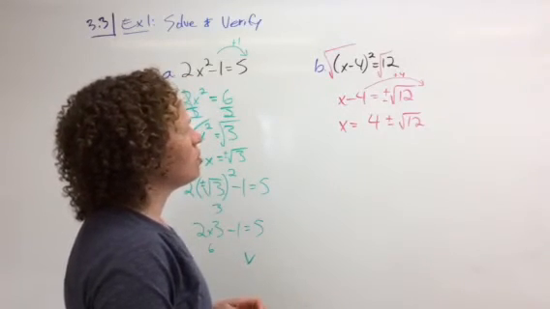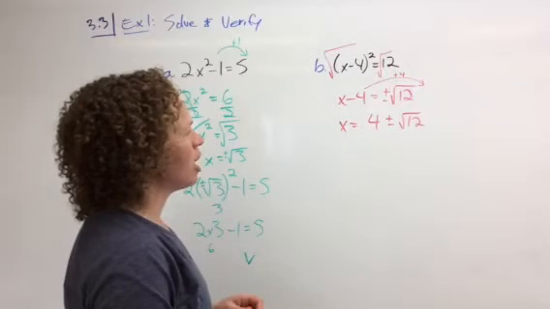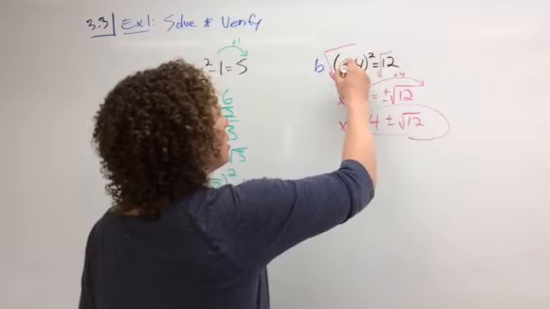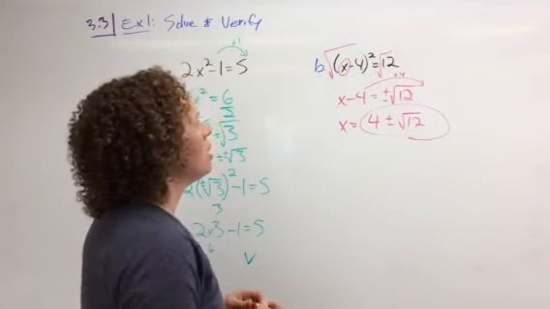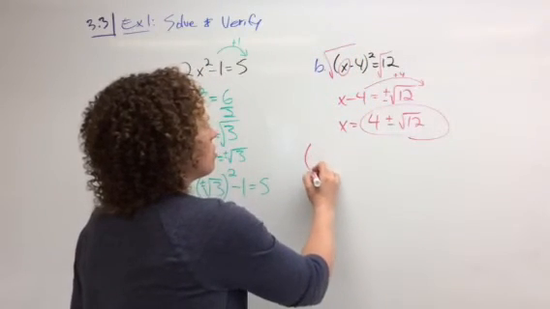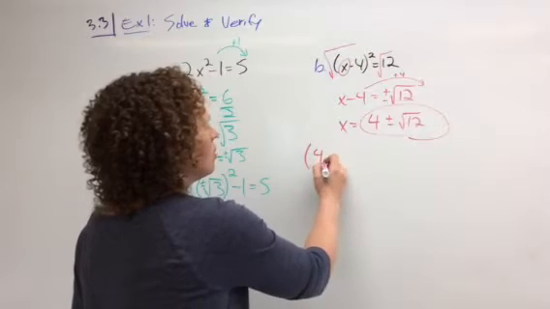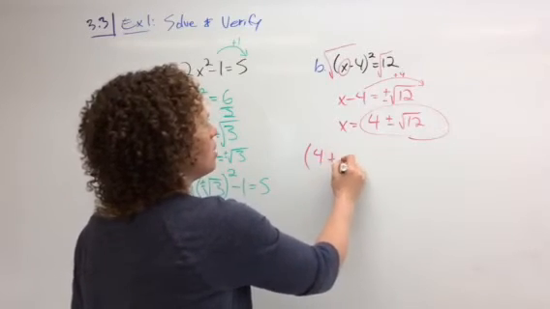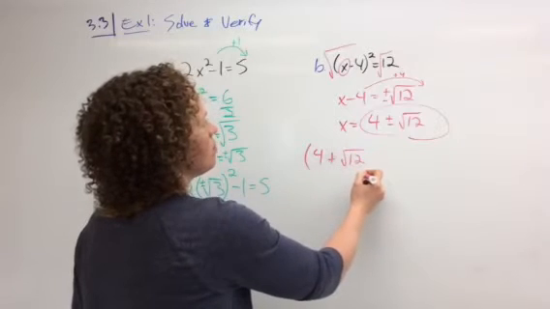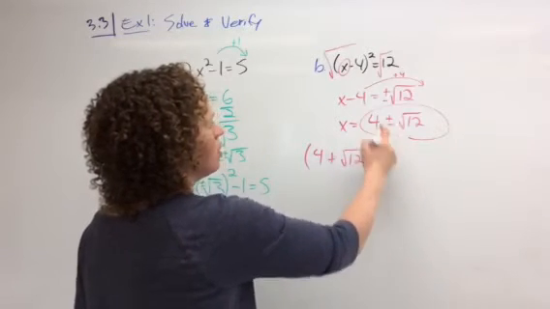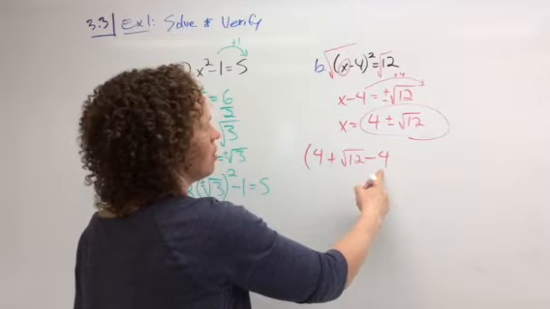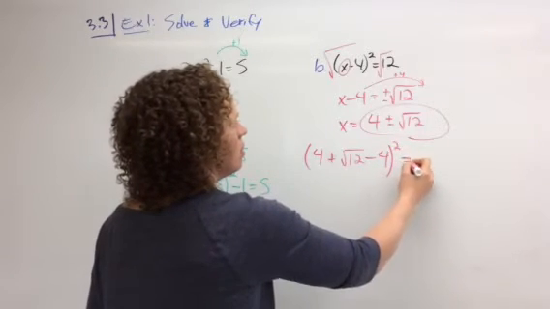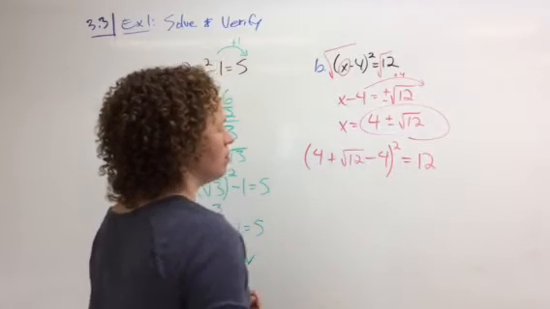So now we need to substitute it back in. This part here is going to go right here in my original equation. So it's going to be 4 plus root 12, minus 4, squared equals 12.